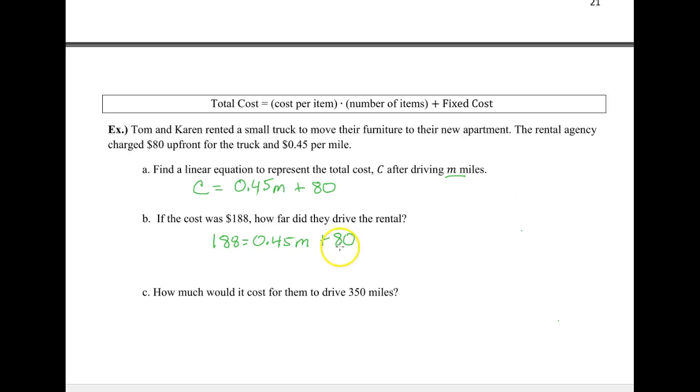I want to get M alone. So first I have to subtract 80 from both sides of my equation. I now have 108 equals 0.45 M. I need to undo this multiplication with division. So I divide both sides of the equation by 0.45.